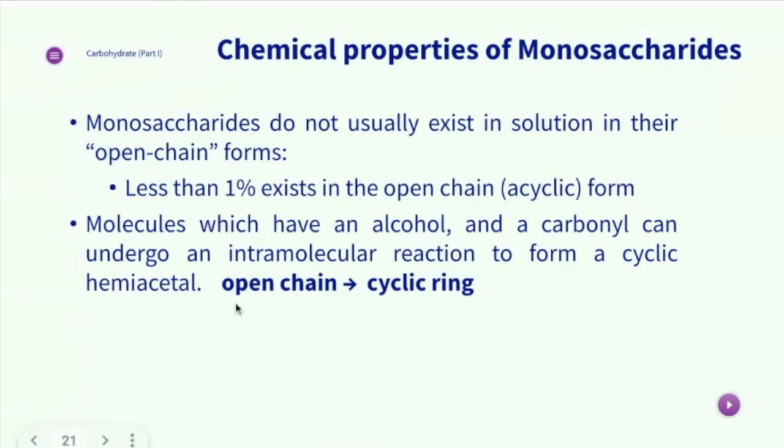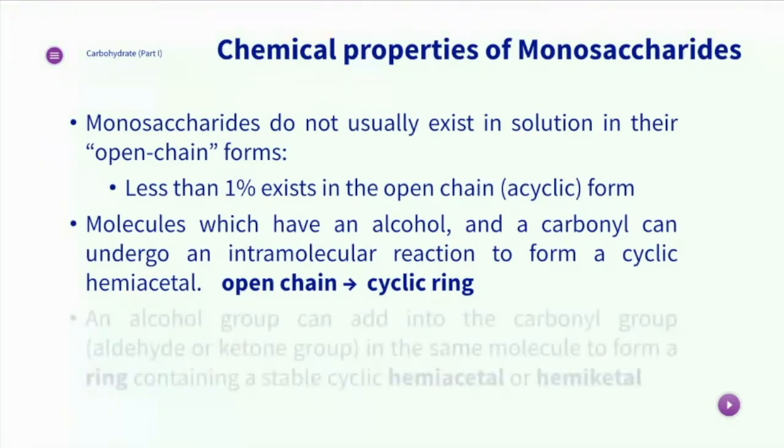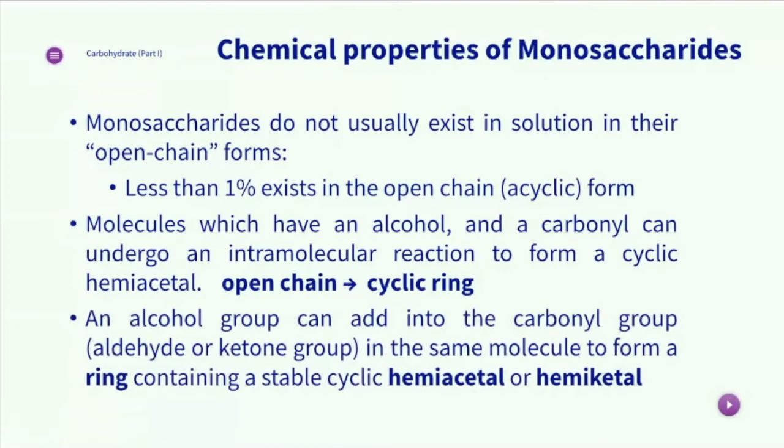So it will transform from the open chain to a cyclic ring, where the alcohol group in the molecule can add to the carbonyl group, aldehyde or ketone, in the same molecule to form a stable ring, which we call a hemiacetal or hemiketal.